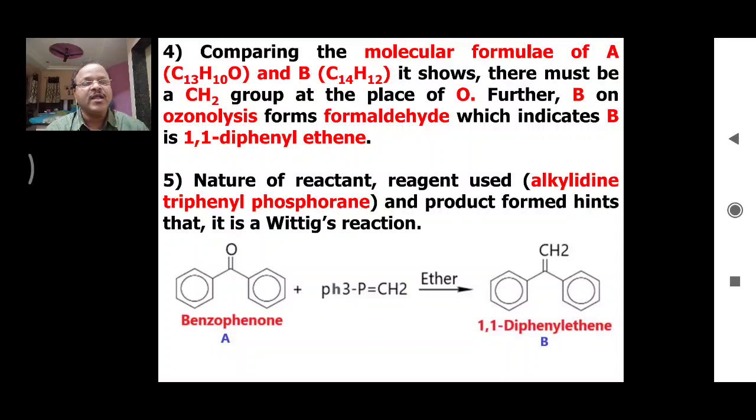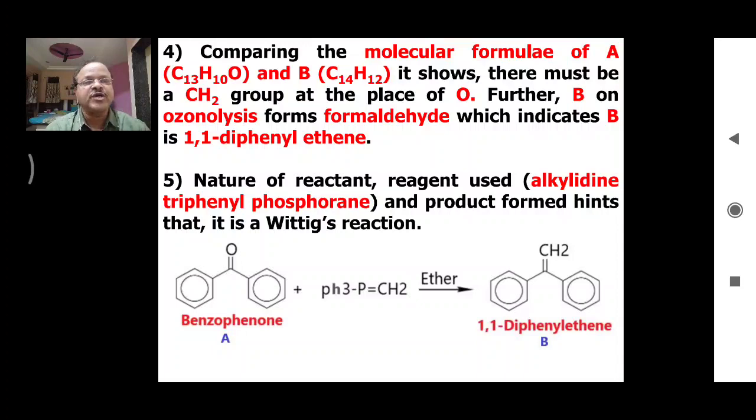Therefore compound B has 2 hydrogens more than compound A. Oxygen is present in compound A, but absent in compound B. So the overall comparison indicates that if we remove oxygen from compound A and add one carbon and two hydrogens, we can obtain compound B. So when the oxygen of compound A is replaced by CH2, we obtain compound B. That is the only difference in the molecular formulae of compound A and B.